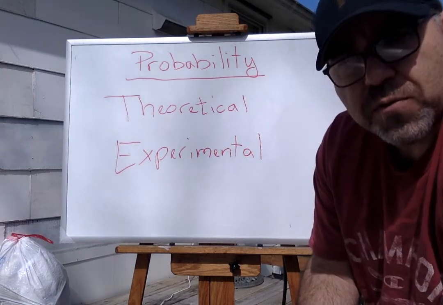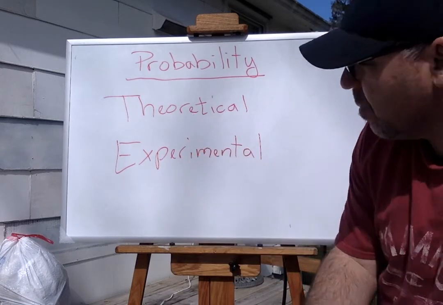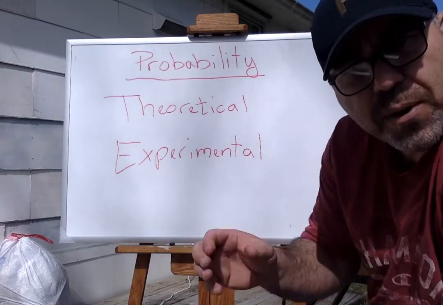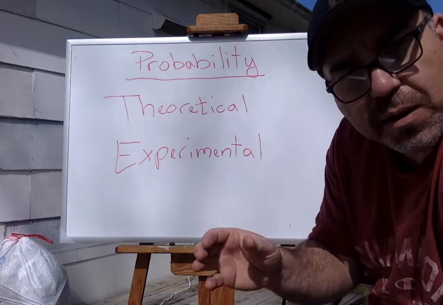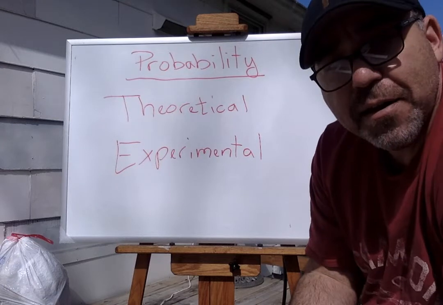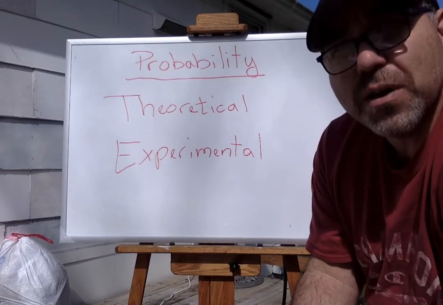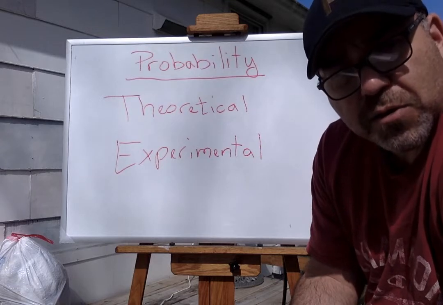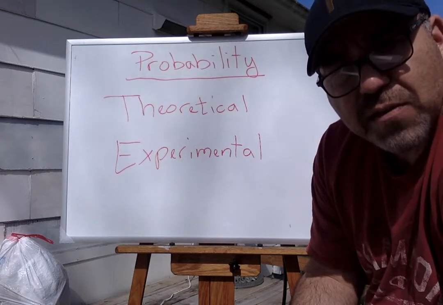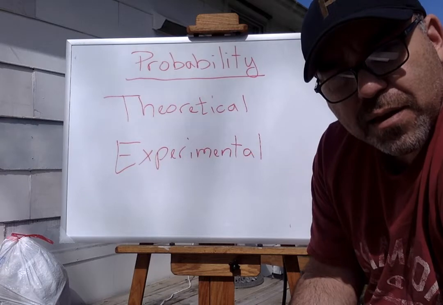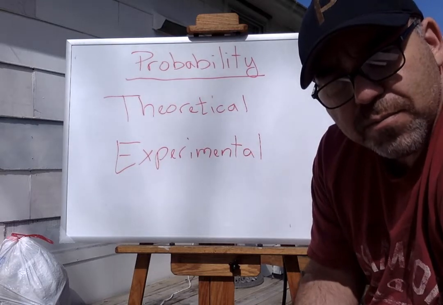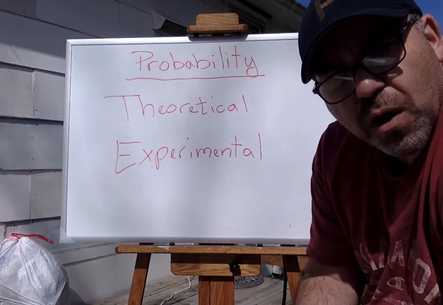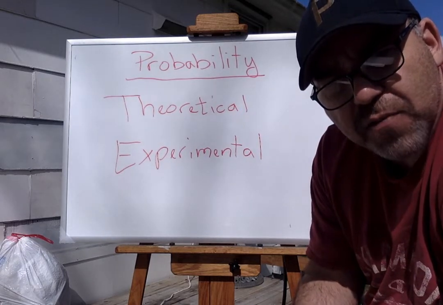Now, what are the differences between these two words, theoretical and experimental? Theoretical is what should happen. Sorry about the shadow from my baseball hat. I'm trying to keep the sun out of my eyes. You can see I'm outside. Yesterday was raining all day, so I thought, you know what? I'm going to do this from the outside, and I hope you guys are getting outside too. Stay away from each other, within reason, but make sure that you are not just sitting inside the house.